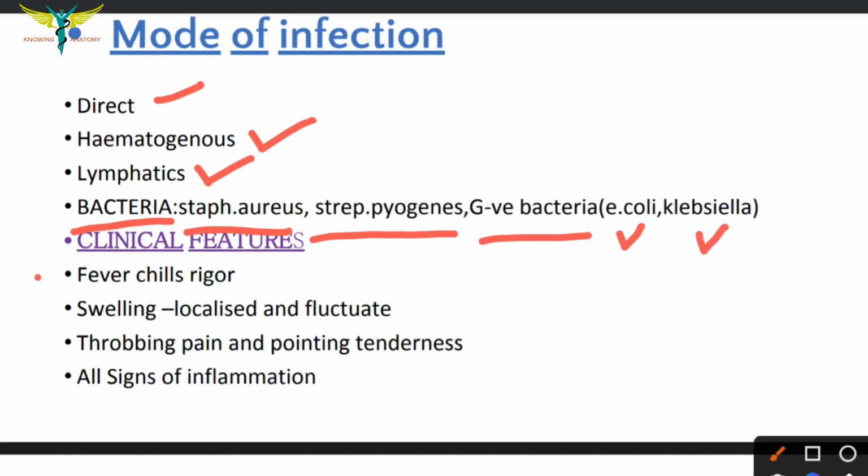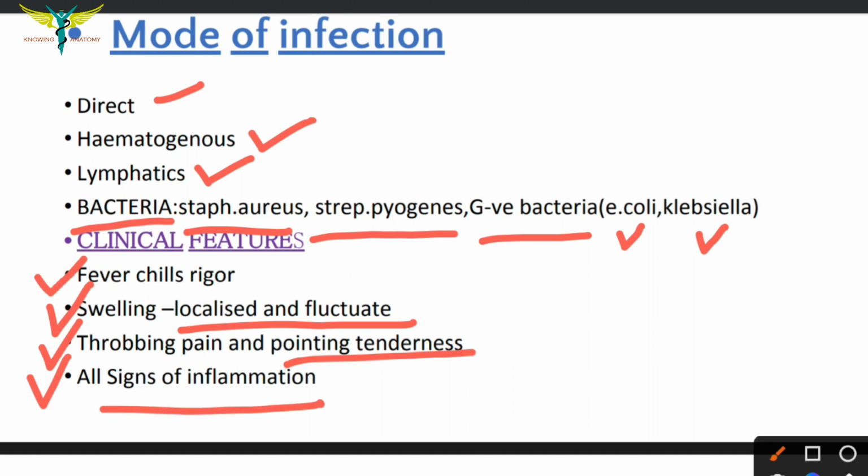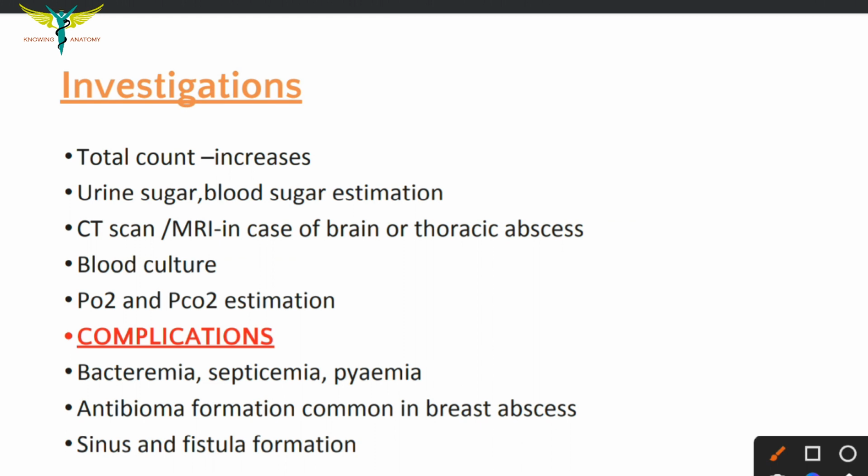The clinical features are fever and chills with rigors, localized and fluctuant swelling, throbbing pain and pointing tenderness, and all the signs of inflammation are seen, that is rubor, calor, etc.